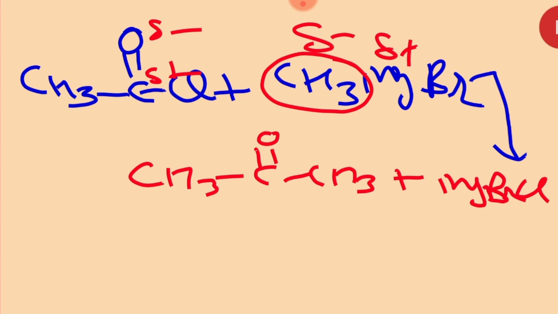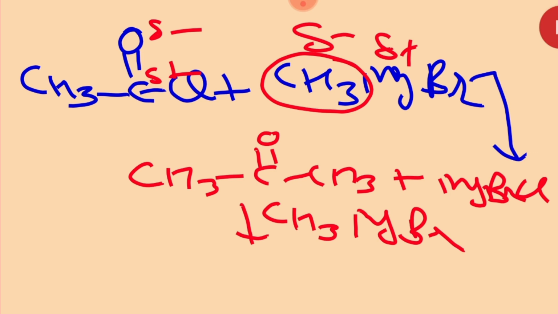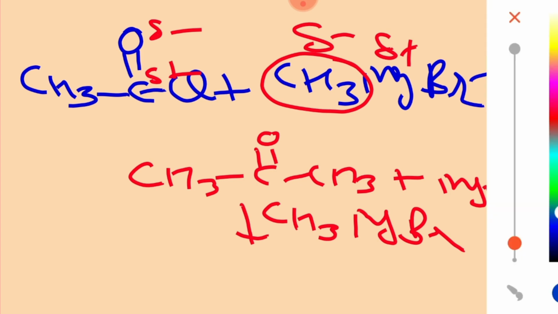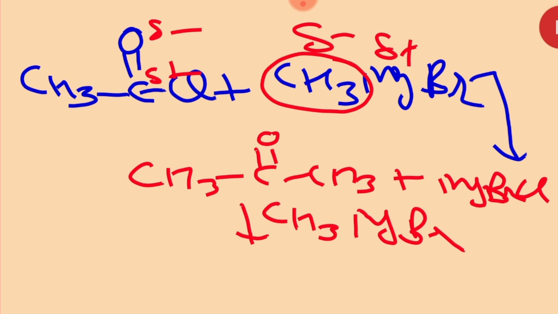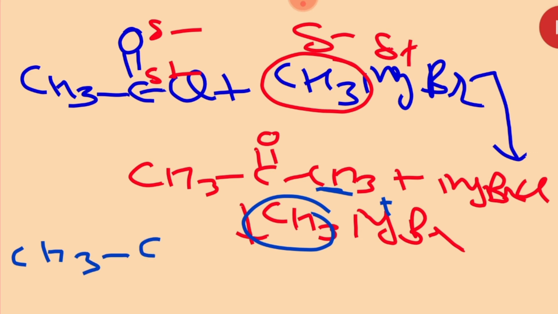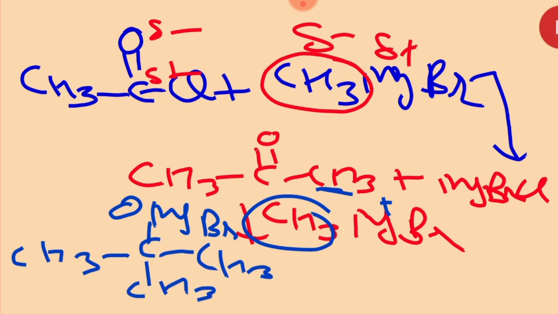This ketone further reacts with CH3MgBr. When it is further reacted with CH3MgBr, first there will be a formation of CH3COMgBr with another CH3, and then hydrolysis in the presence of H positive.